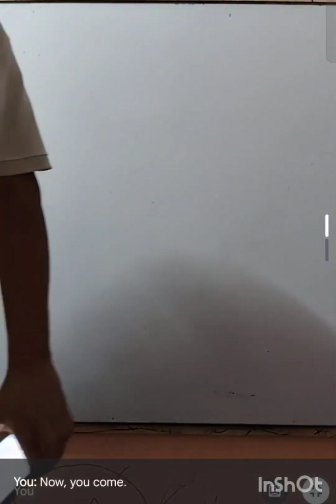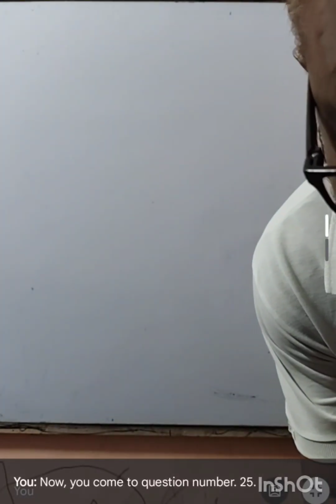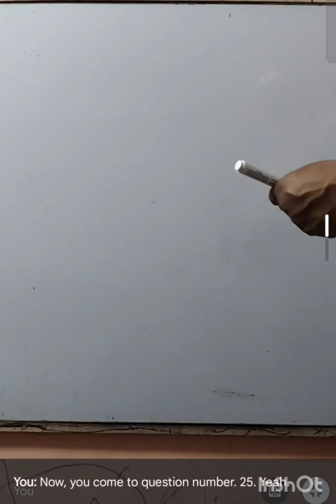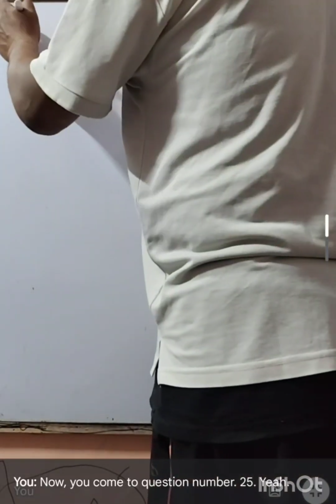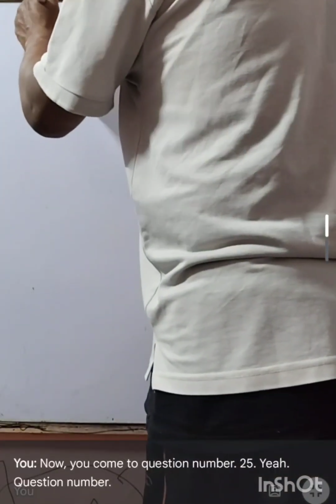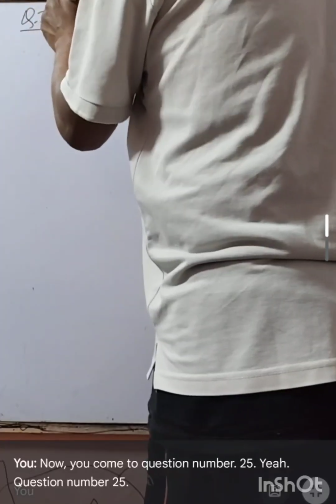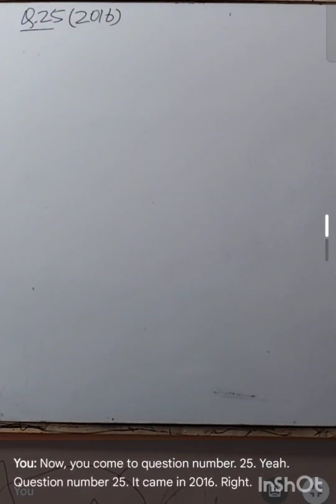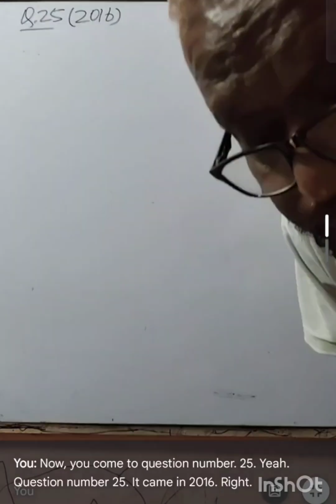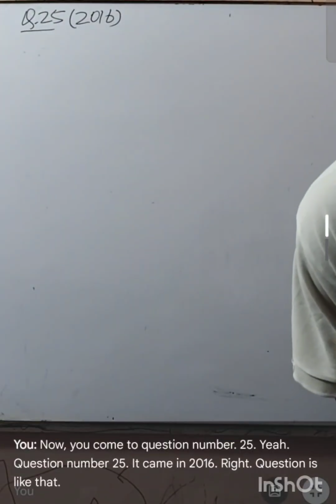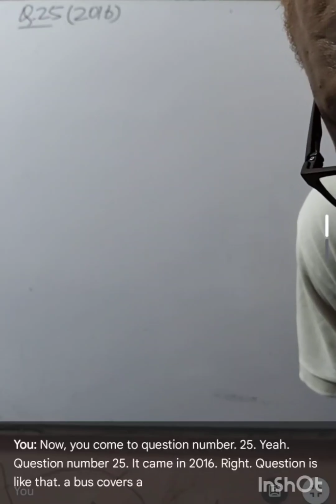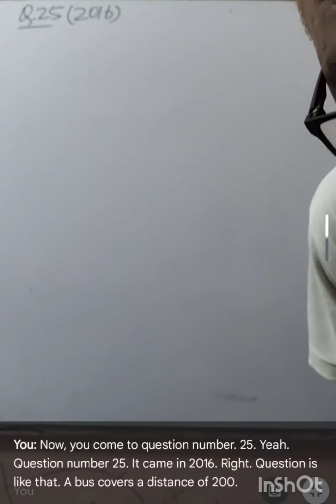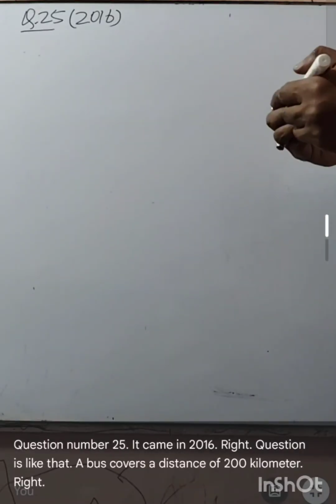Now you come to question number 25. Sir, 25. Yeah. Question number 25. It came in 2016, right? Yes, sir. Question is like that. A bus covers a distance of 200 kilometer, right?